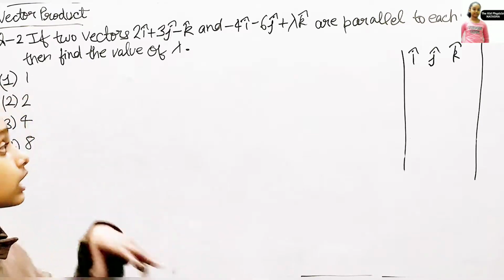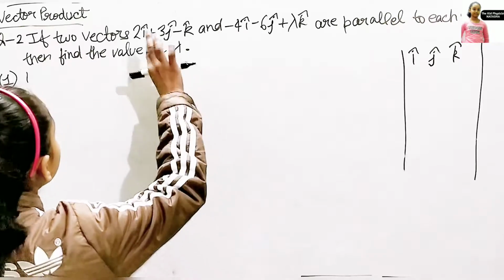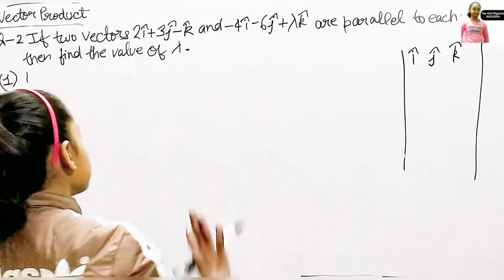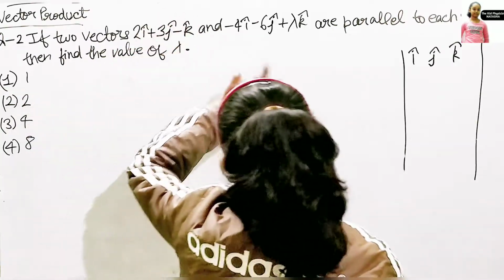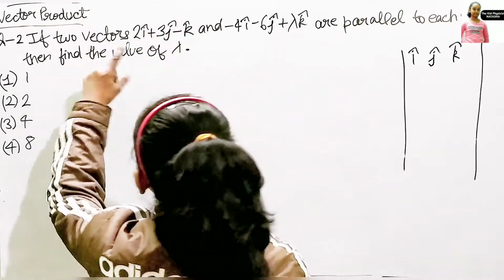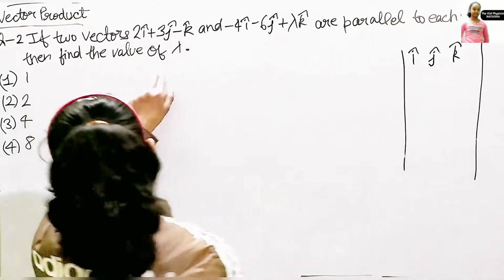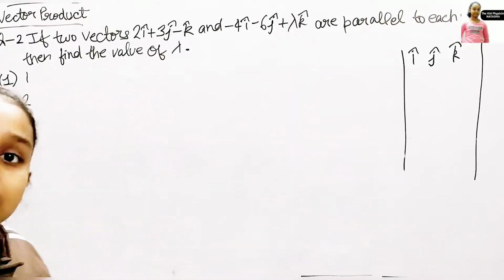And so in this question, what is it? If two vectors 2i cap plus 3j cap minus k cap and minus 4i cap, means suppose this is the value of vector A, this is the value of vector B. Okay, so if two vectors, vector A and vector B, are parallel to each other, then find the value of gamma. Actually, you can see this is known as gamma.